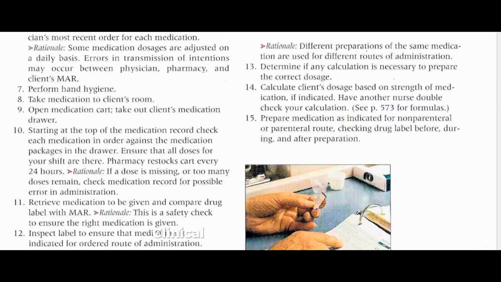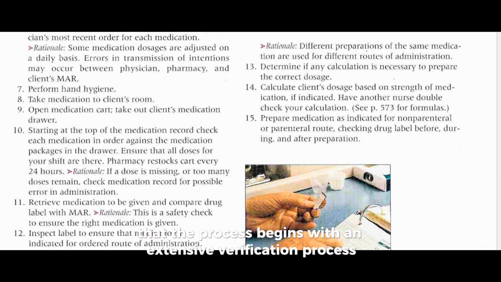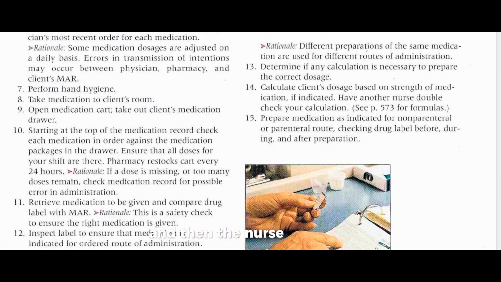Now, according to this source, Clinical Nursing Skills, Basic to Advanced Skills by Sandra Smith, Donna Duell, and Barbara Martin, they actually say that the process begins with an extensive verification process, and then the nurse retrieves medication to be given and compares the drug label with the MAR.